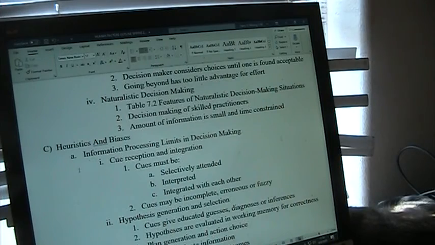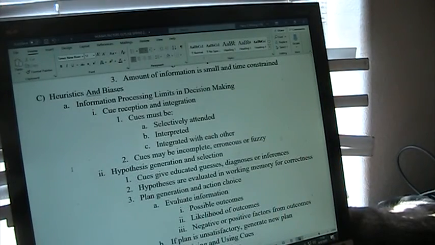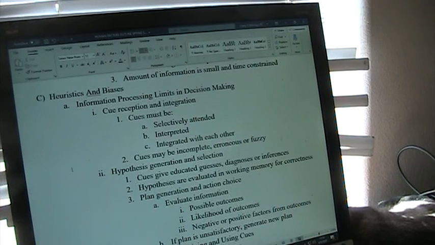All right, so that brings us to heuristics and biases. Obviously, there are information processing limits in our decision making, right? Part of that is going to be cue reception and integration.